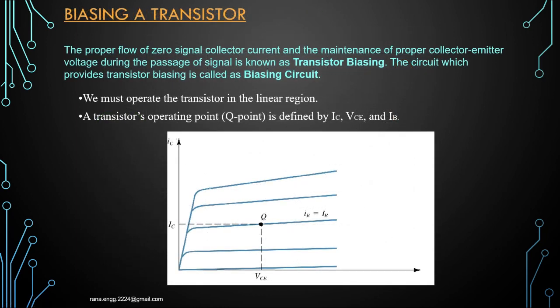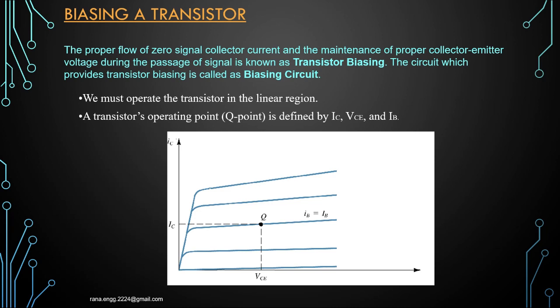Then biasing. The next topic we have to discuss is biasing, and we have to see what is load line and what is Q point. So what is biasing? We have to discuss the flow between collector and emitter, how exactly that passage is flowing.